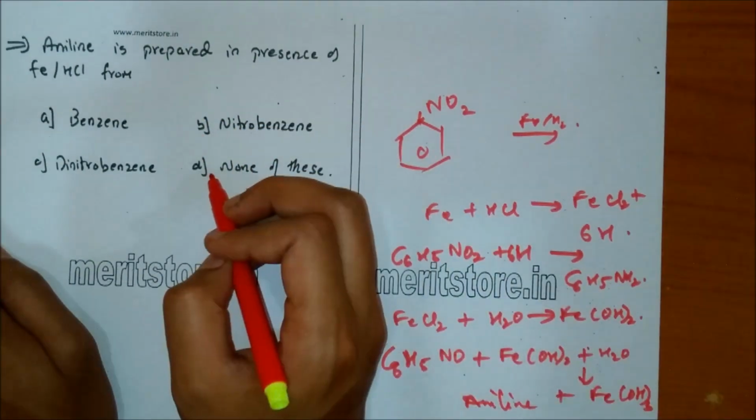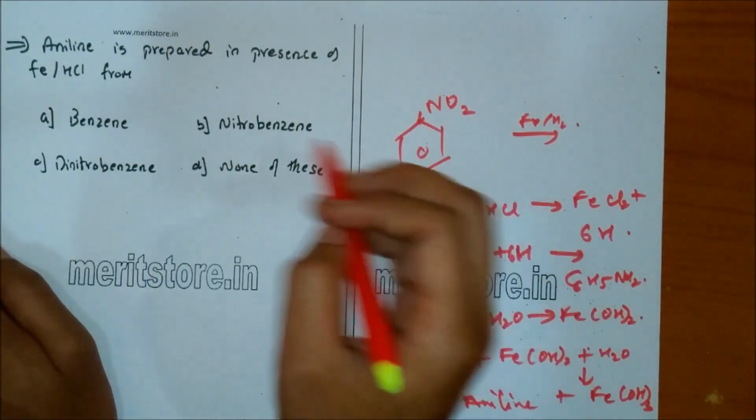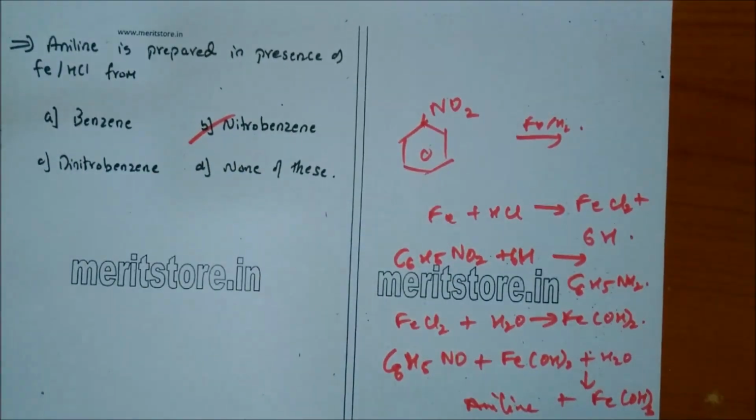So aniline is prepared in the presence of Fe and HCl from nitrobenzene. Option B is the correct answer.